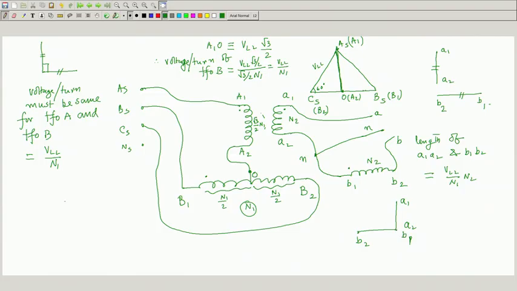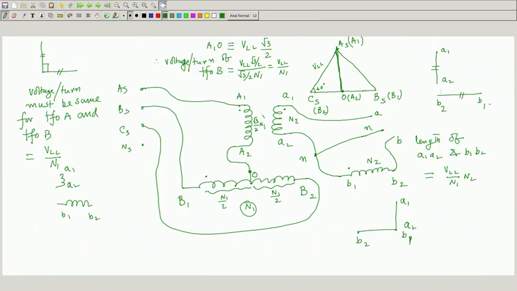Another way you could do it is to connect the secondary coils. This was A1 A2, this was B1 B2, and the A1 A2 voltage is here. So, I could join A2 with B2. Did I not join that? No. Why did I not join?